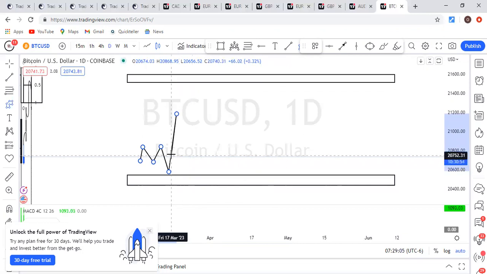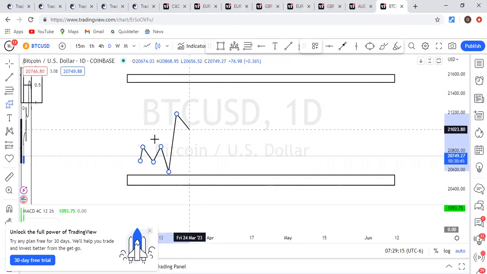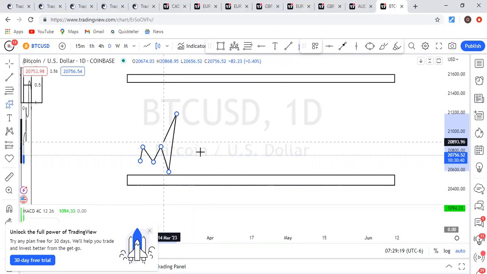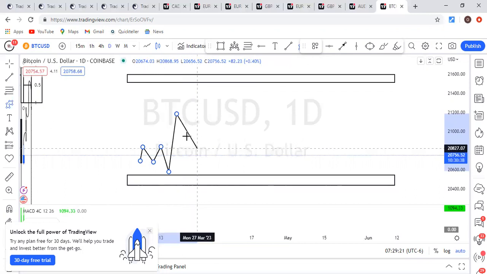Then imbalance. Is there any form of imbalance? That's number two. Then a break of structure. Then after having a break of structure, what I want to see again is mitigation.